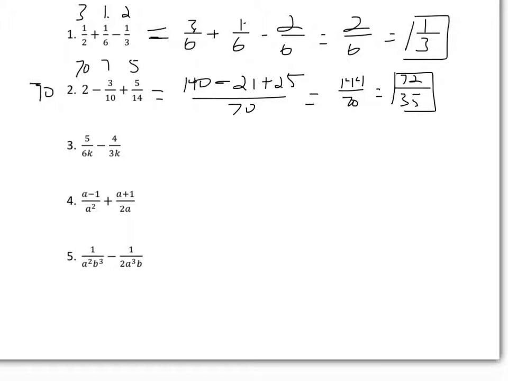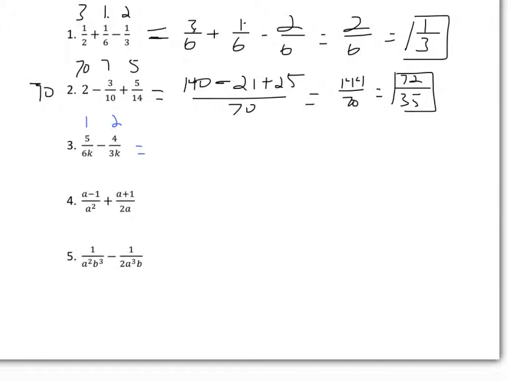We'll jump into a little bit more difficult things here just with monomials, and then we'll get to polynomials on the backside. So with this one right here, what's our common denominator between 6k and 3k? Well, 6k is the common denominator. All you have to do is multiply the second one by 2 over 2. So that's what I'm going to go ahead and do. This one stays the same. This one will multiply by 2.